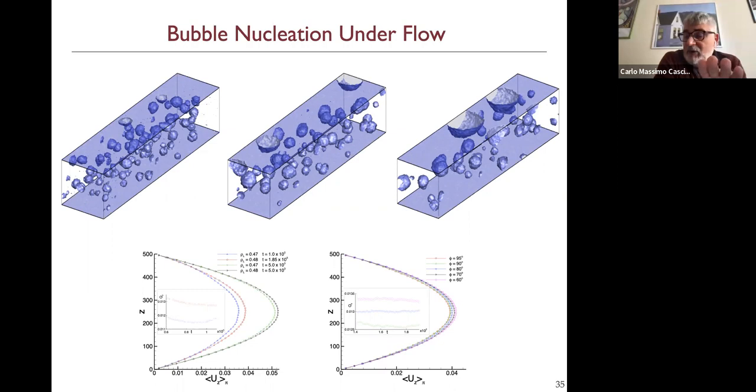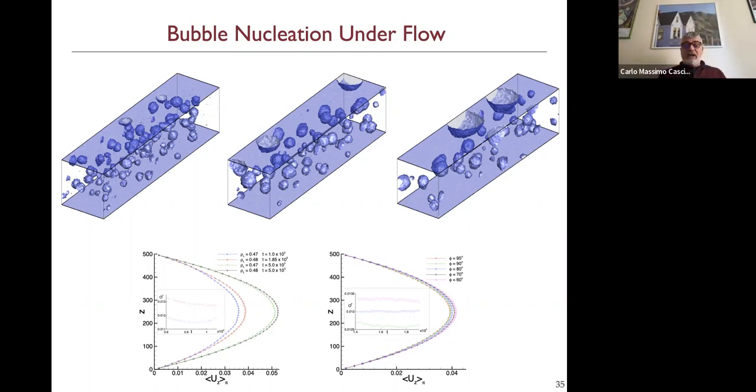The fluid is metastable. There are thermal fluctuations. Those thermal fluctuations trigger the nucleation of bubbles. You see that most of the bubbles are nucleated right at the walls, as it should. What we wanted to see here was the effect of fluid motion, in particular the shear rate, on the nucleation rate.